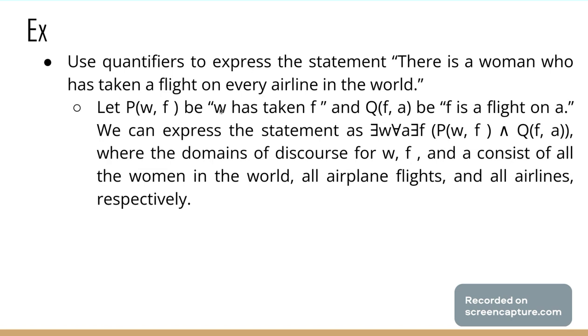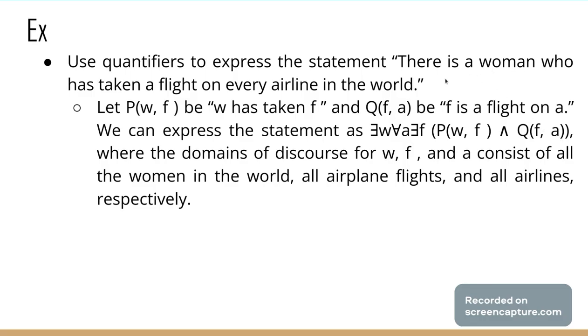So if W is representing the woman, F is representing the flight, and A is representing the airline, then we have the statement P(W, F), which is W has taken flight F. Woman has taken flight F. And Q(F, A) is F is a flight on an airline A. Then this statement can be expressed as there exists W for all A there exists F such that P(W, F) and Q(F, A).